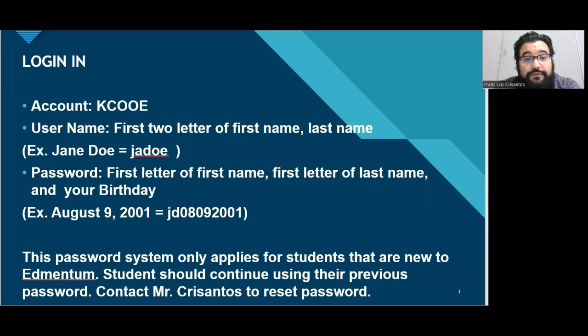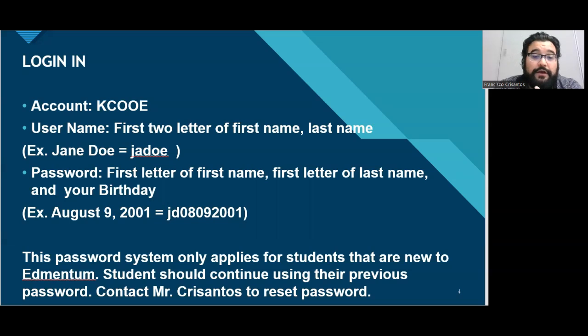The account is KCOOE. This can be all caps or lowercase. The username must be written exactly: the first two letters of your first name, followed by your last name. In this case, Jane Doe's username would be JADOE. Your password is the first letter of your first name, the first letter of your last name, and then your birthday.